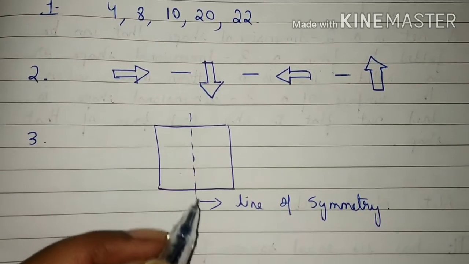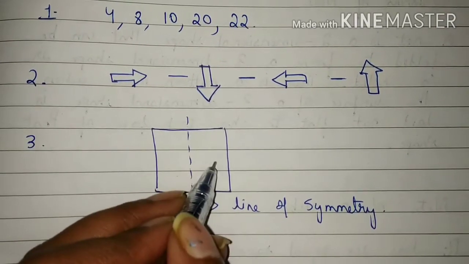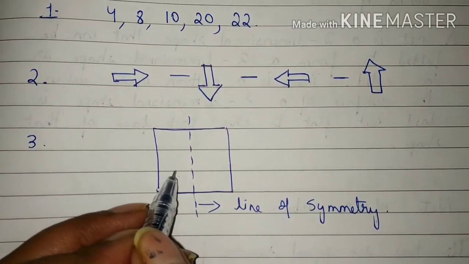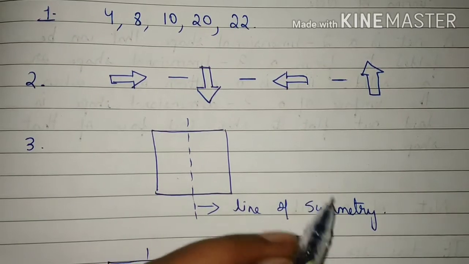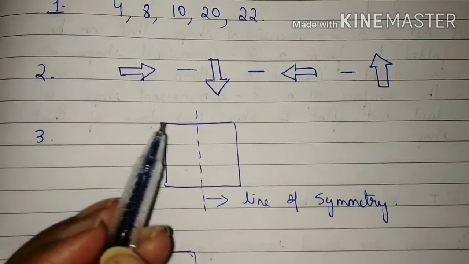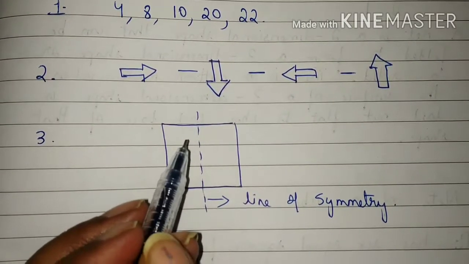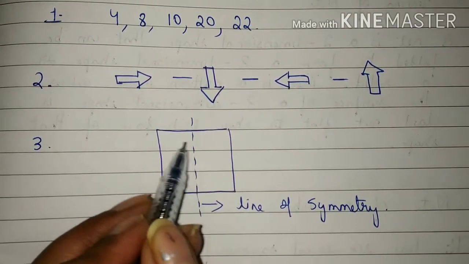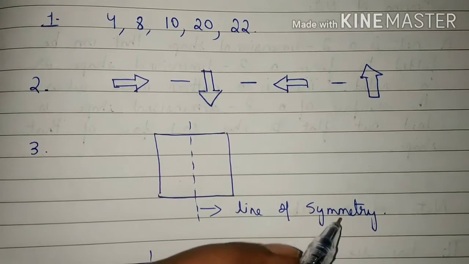Because this line divides the figure into two equal parts of same shape and size. So this line is known as line of symmetry. So students, from this point of view, we can say that the line that divides a figure into two identical shapes is known as line of symmetry.